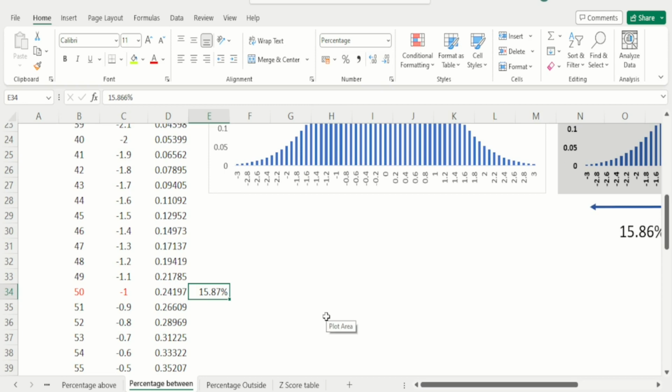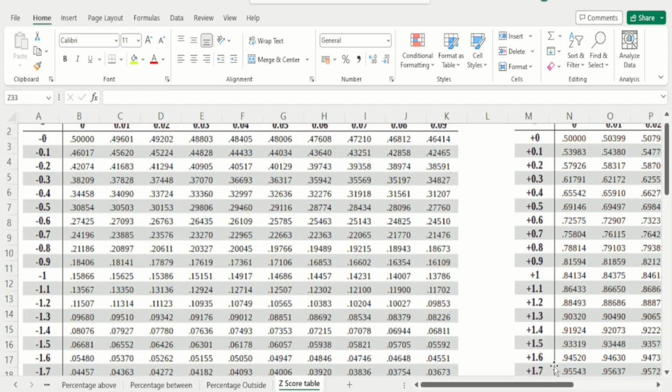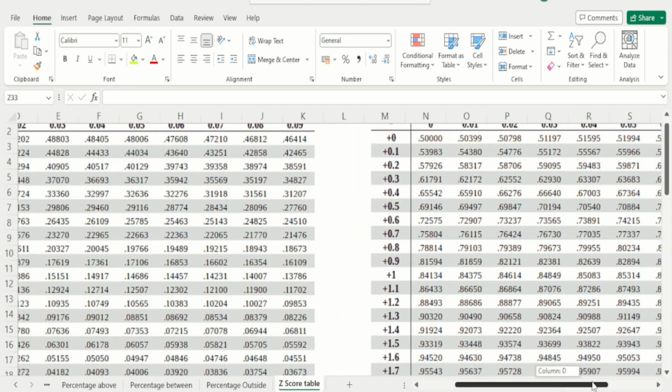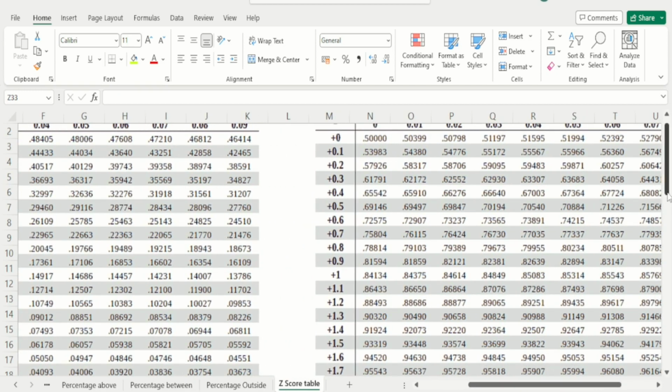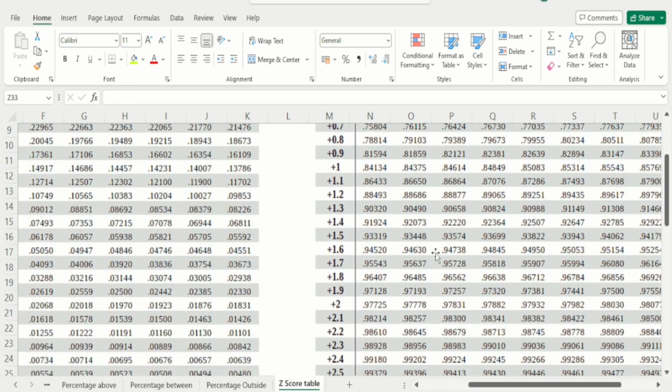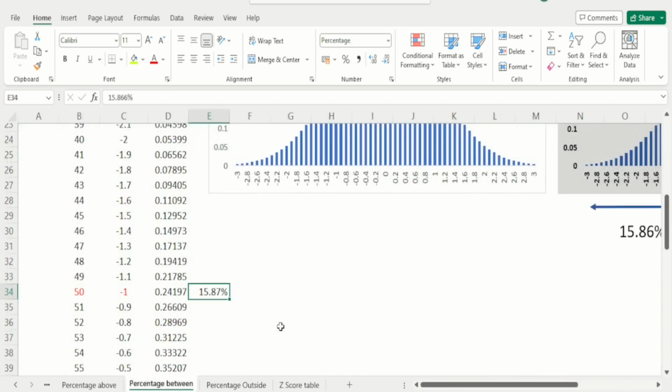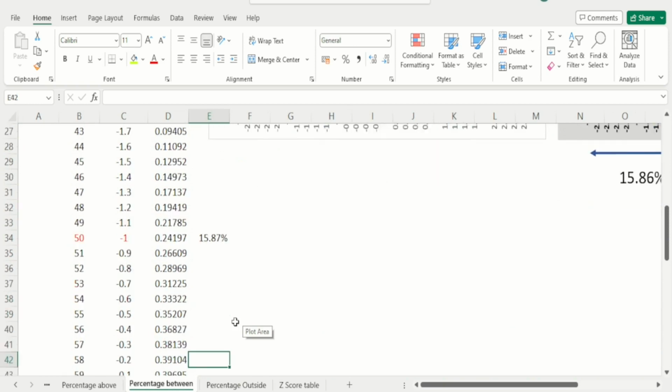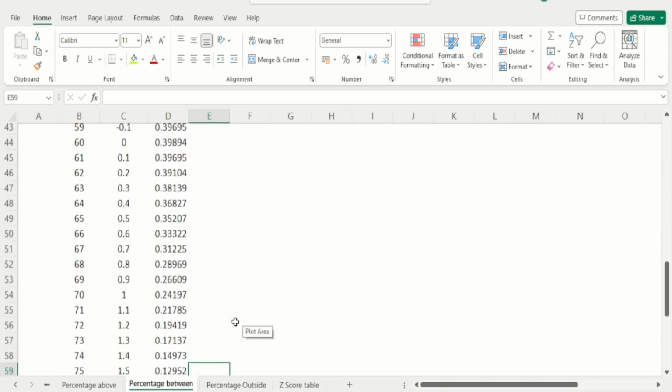Similarly, the other z-score was 2, for when the score is 80. So if we look at 2 on the z-scores table, let's see what we arrive at. For 2 on the z-score table, we see the value is 0.97725. So let's write it down.